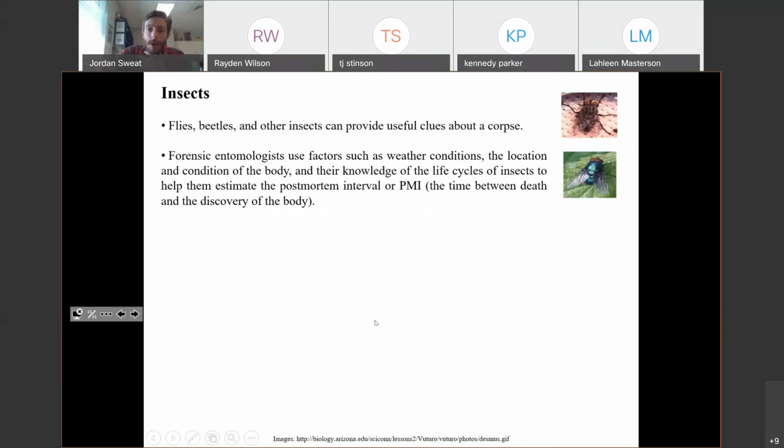Flies and beetles and other insects can provide useful clues about a corpse. A corpse is a dead body. Entomologists use factors like the weather conditions, the location, the condition of the body, and their knowledge of the life cycles of these insects to help them determine PMI.